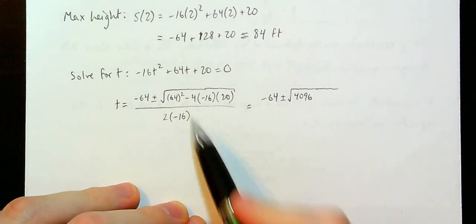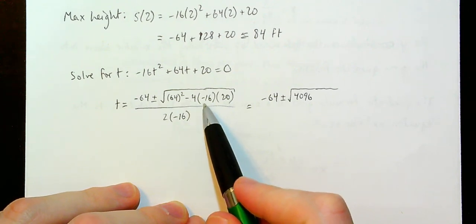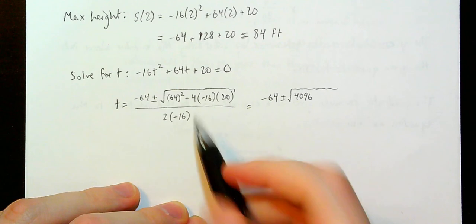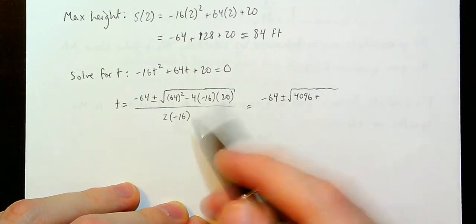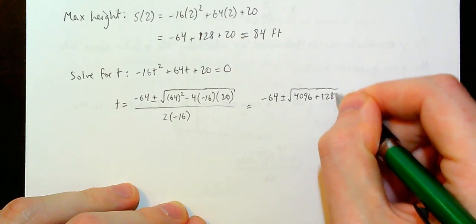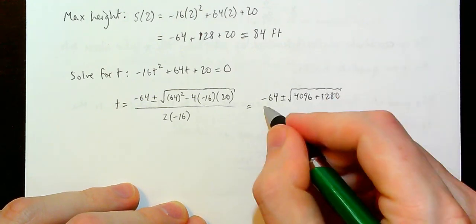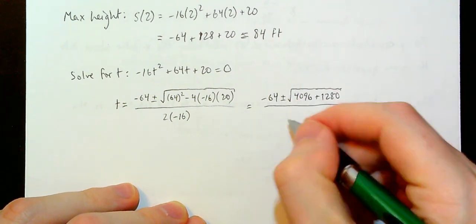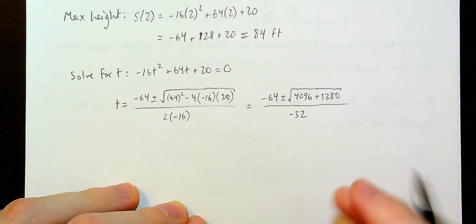Now note that we have a minus 4 times a minus 16, so that product is going to be positive, and 4 times 16 is 64, so this is plus 64 times 20, and that gives me 1,280, and that's all over 2 times negative 16, or negative 32.